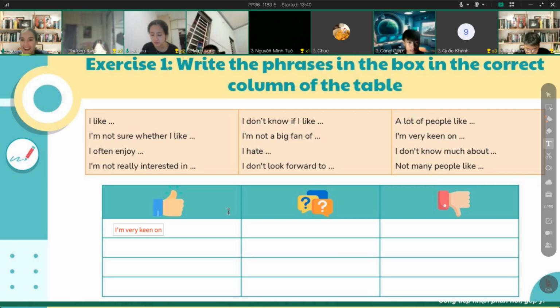Yes. Okay. What did you put next? I often enjoy. And what did you put here? I like. And lastly, what did you put in this column?